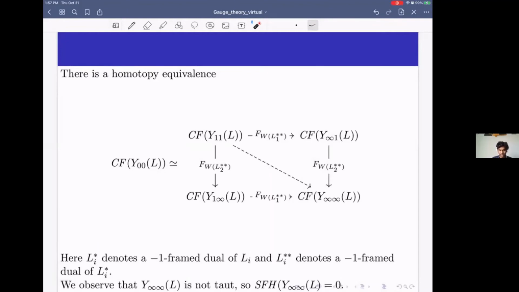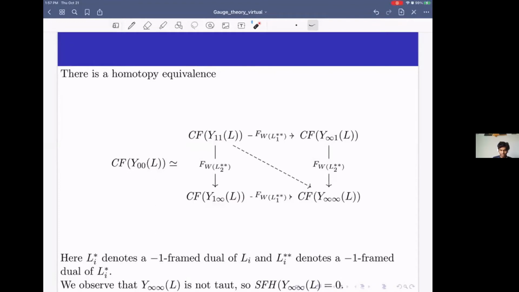For example, this map L1 star is canceling this one surgery on L1. Similarly, this is also canceling the one surgery, here I'm canceling this one surgery by infinity.